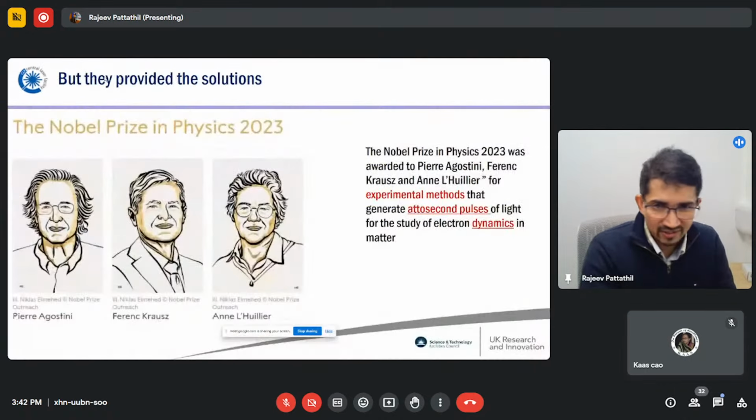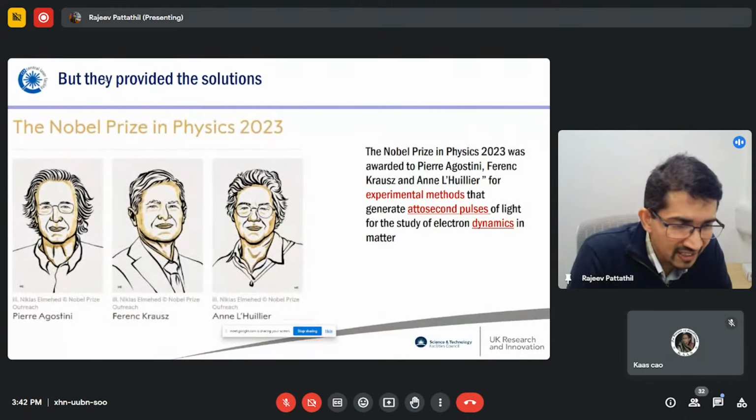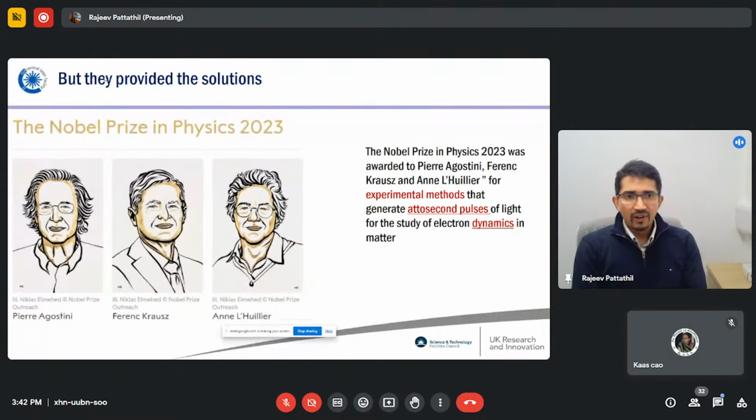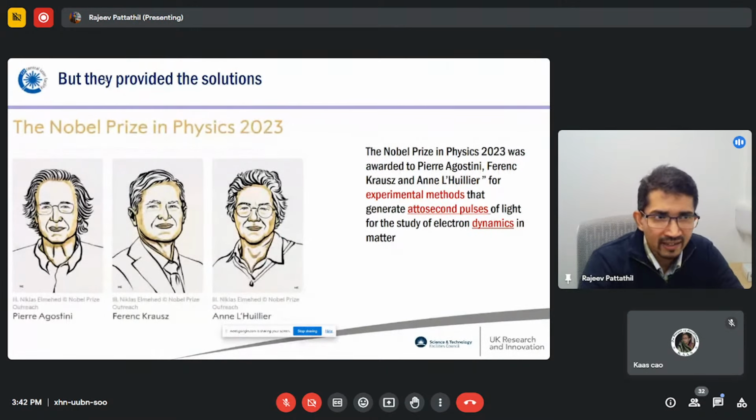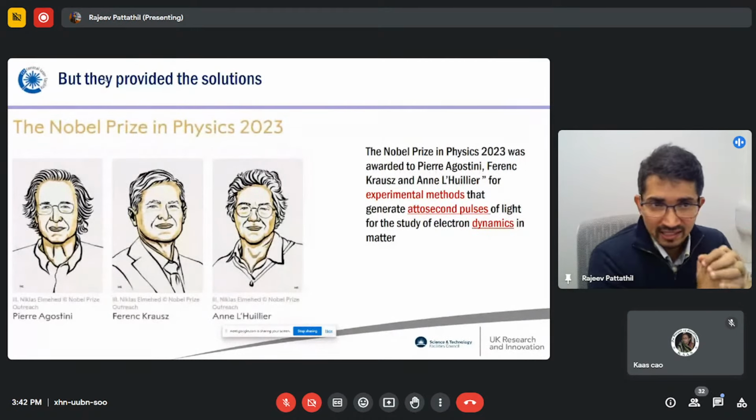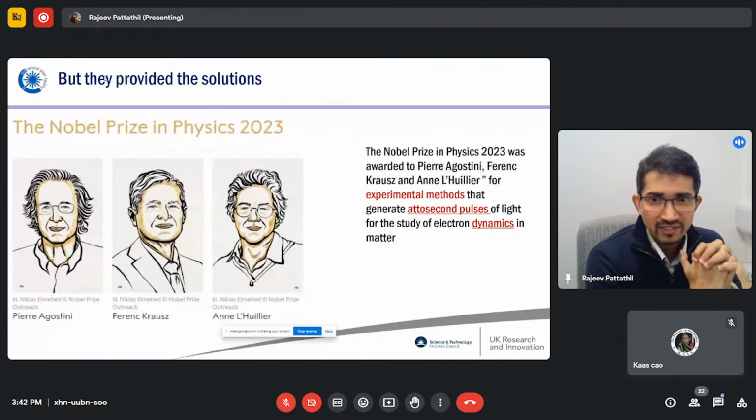As you know, this year's Nobel Prize was awarded for work in this field, majorly to three people: Pierre Agostini, Ferenc Krausz, and Anne L'Huillier. I've highlighted the three things from the Nobel citation. It is for developing the experimental methods to produce attosecond pulses and enabling the study of really fast dynamics happening on this timescale.